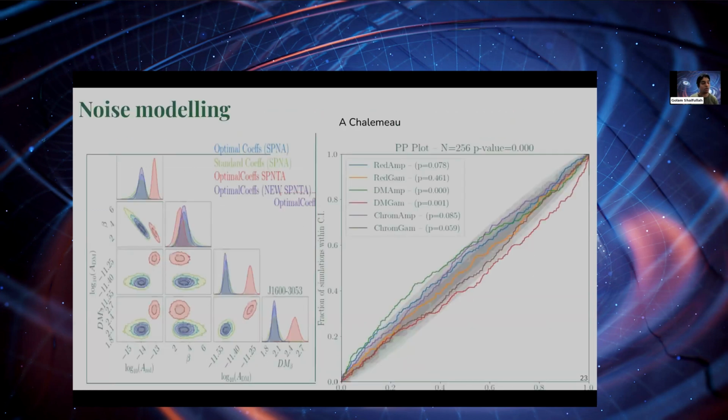So the way we go around this is actually going to be presented by Aurelio and Paul and others in upcoming talks, where they will talk extensively about noise modeling in PTAs.